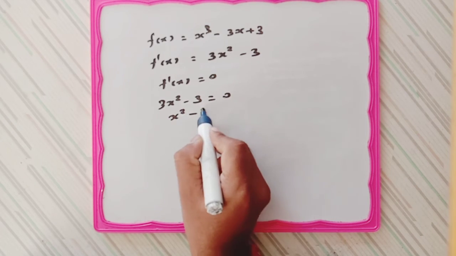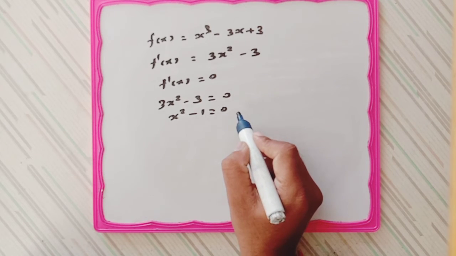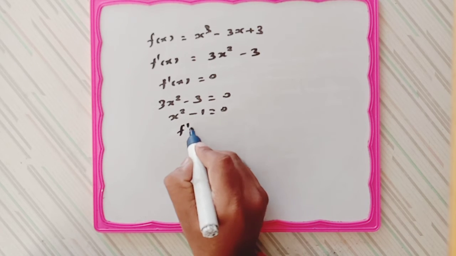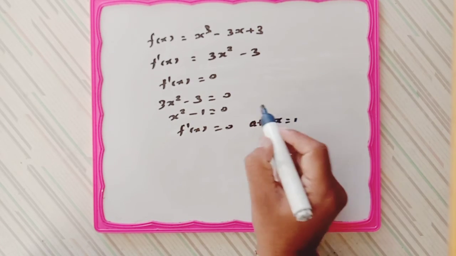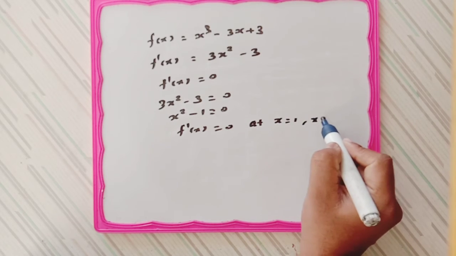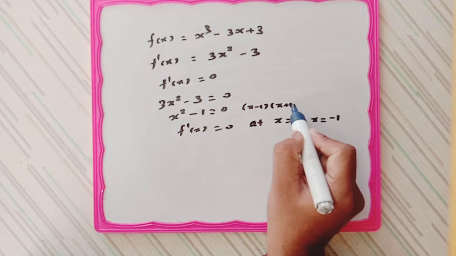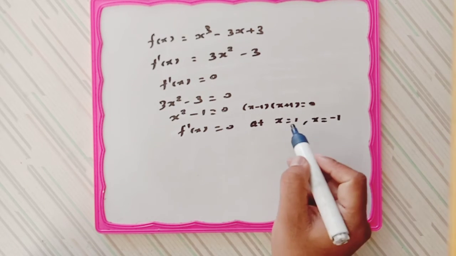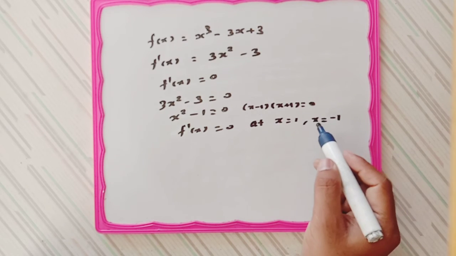So x square minus 1 equals 0, and so x equals 1 and x equals minus 1, as x minus 1 into x plus 1 equals 0 here. So x equals 1 and x equals minus 1 are critical points for us.